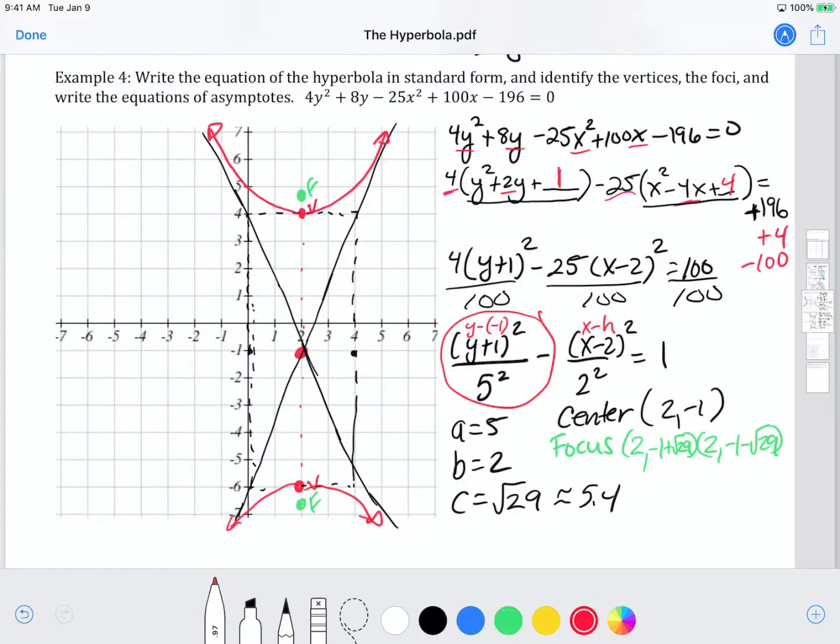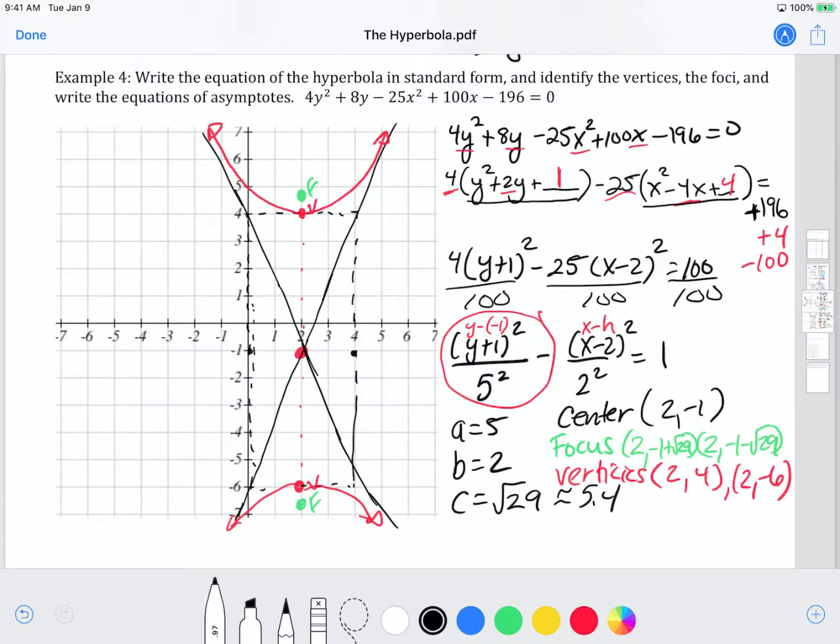My vertices, it's going to be from the center out a value of a, so that's going to be 2, 4, and 2, -6.